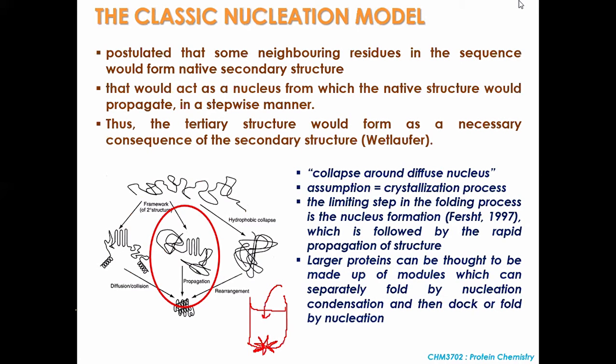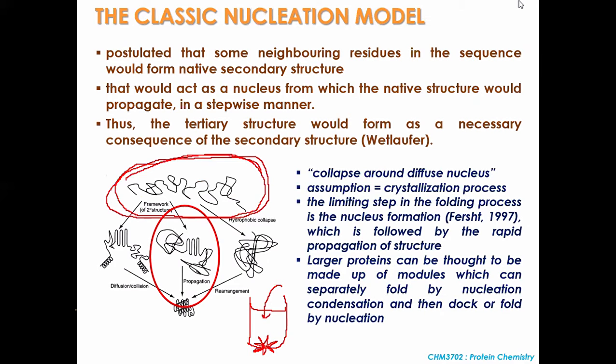So basically, this model says the framework structure, the initial disordered structure, has different structures. It is not just one structure, there are several structures.